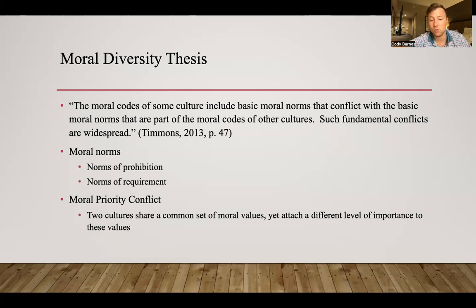This could be for good or bad. So, something bad, like a punishment for a crime, one culture could see a crime as very severe, while another culture does not. One culture could value something as good that another does not. So basically, the moral diversity thesis is just saying that with moral relativism, there is going to be conflict.